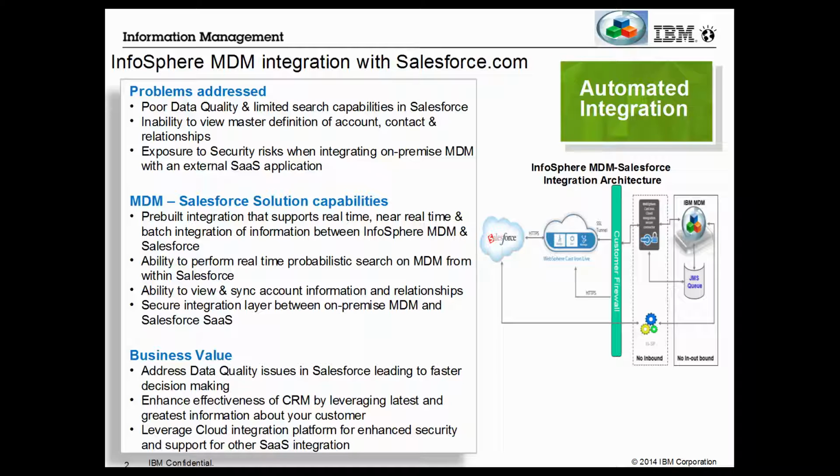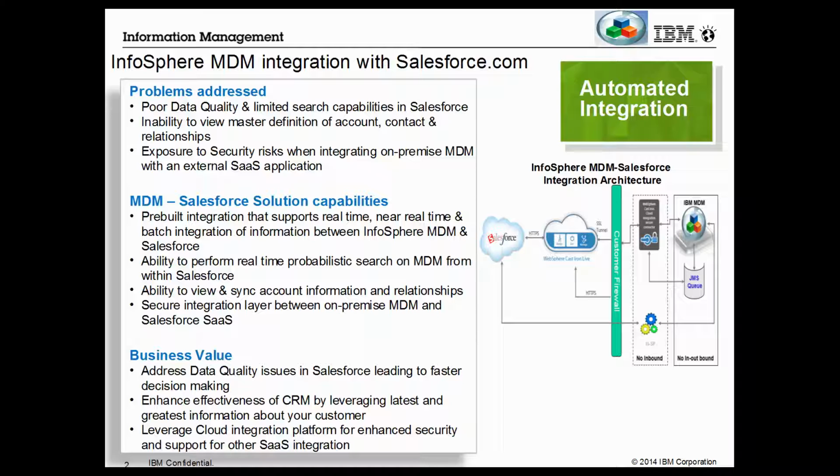We also have the ability to synchronize information between MDM and Salesforce so that the data store in Salesforce is kept in sync at all times. With the help of a secure integration layer between MDM and Salesforce, we're able to bring about a secure way of data interchange between MDM and Salesforce.